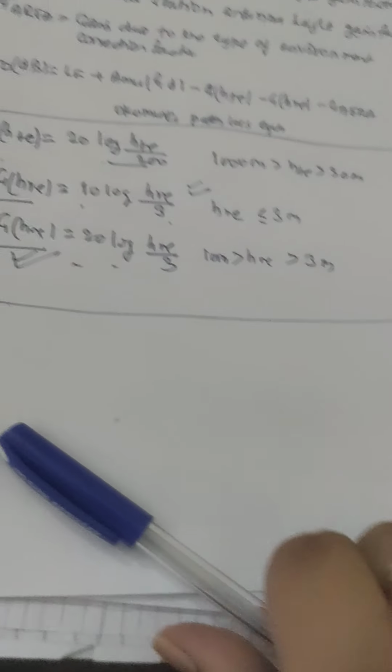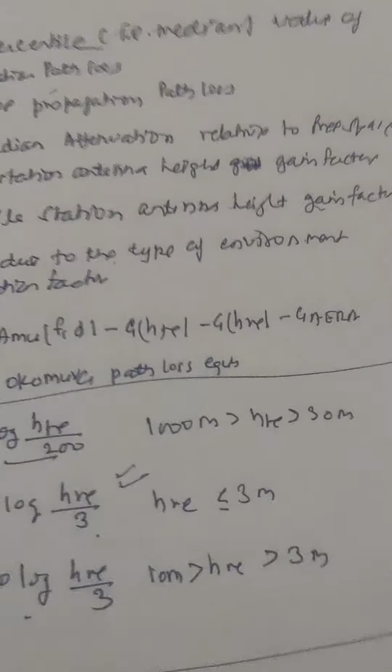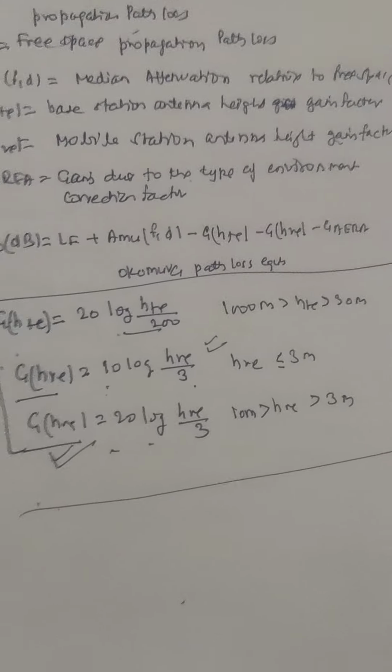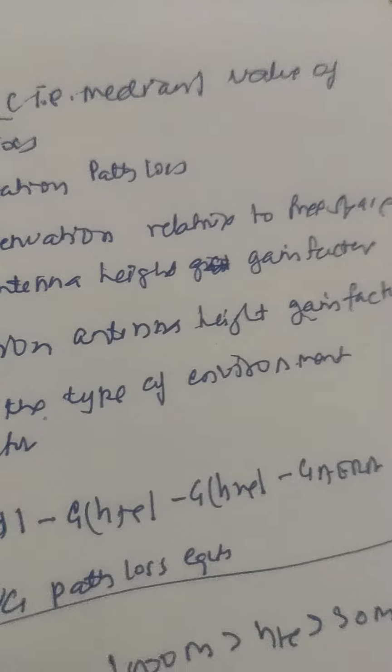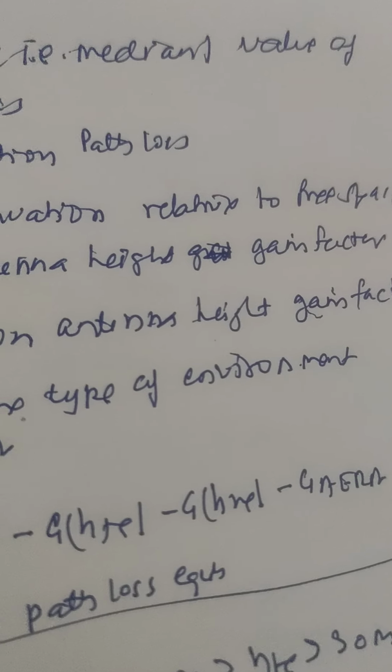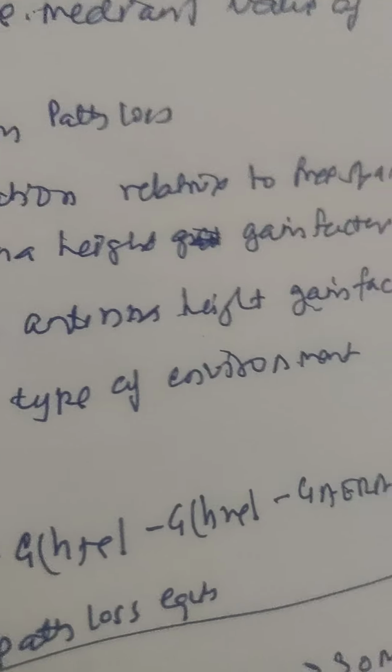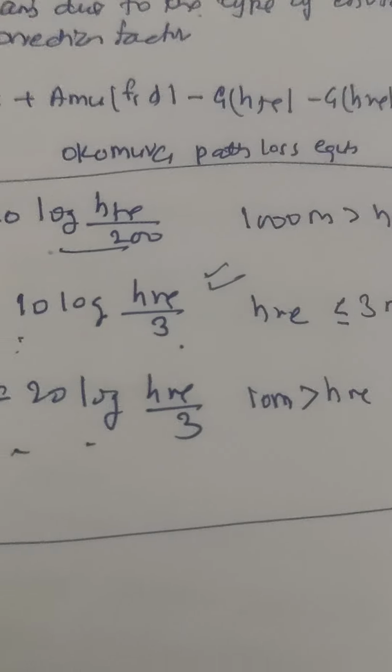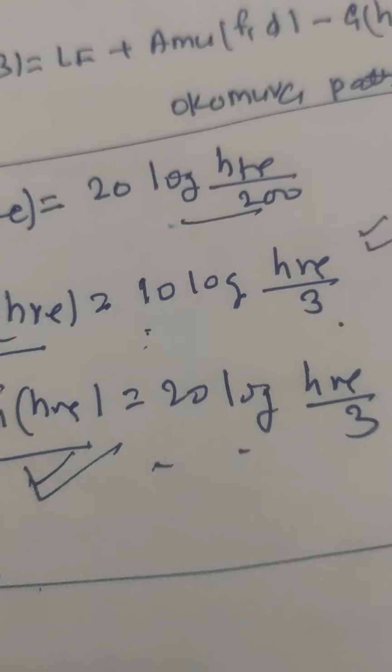This is an important formula for calculating from the numerical point of view, and also to calculate the L50 dB. So the correction factor values are directly taken from the graph.